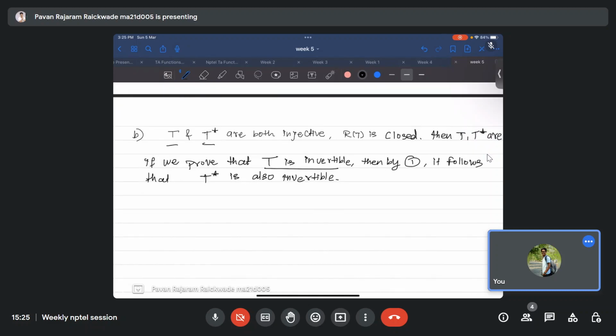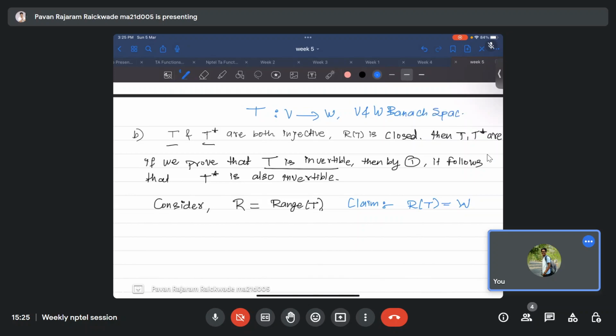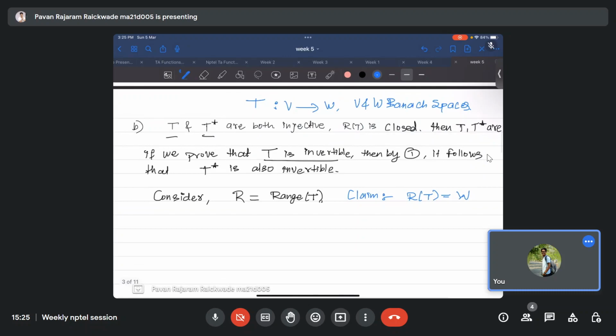So consider R to be the range of T. The claim is R is the whole W. T is an operator from V to W, and V and W are Banach spaces.